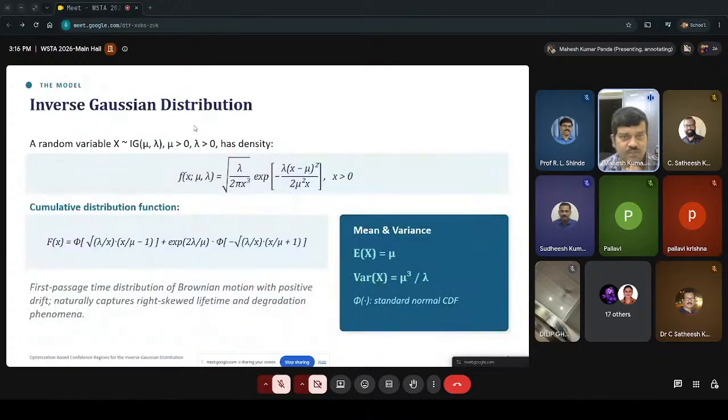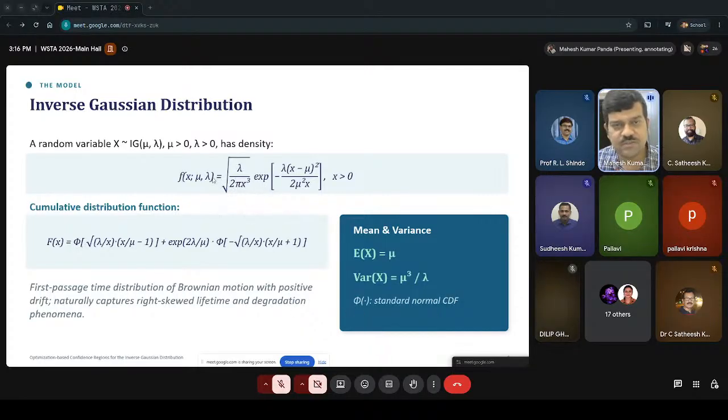So this is the inverse Gaussian distribution. f(x; mu, lambda), as I said, has two unknown parameters, mu and lambda: square root of lambda over 2 pi x cubed, times exponential of minus lambda (x minus mu) squared over 2 mu squared x, for x greater than 0. This is the cumulative distribution function, where Phi is the cumulative distribution function of the standard normal distribution.